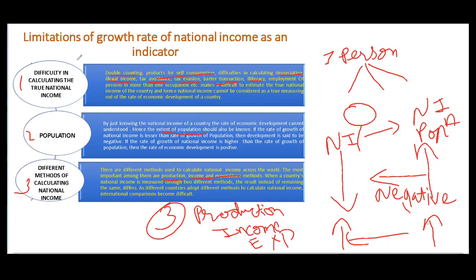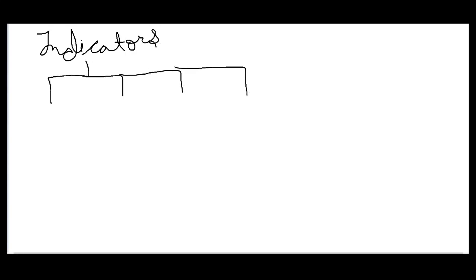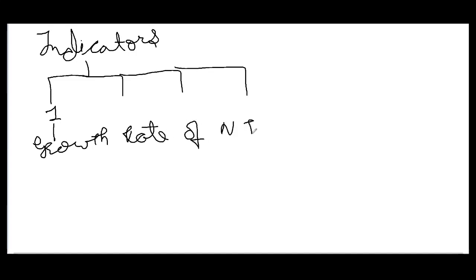Okay, now I would like to sum up today's class. First we saw indicators, what is its meaning, and we saw 4 types of indicator. In this class we studied the first indicator, which is known as growth rate of national income.